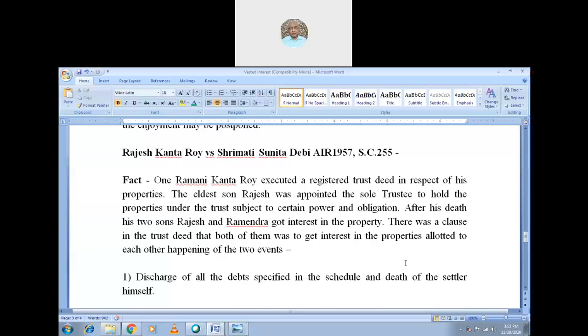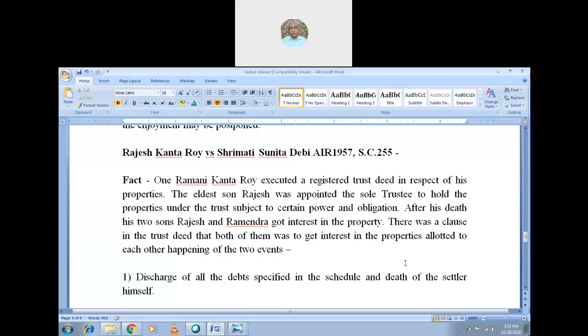With a vested interest, a thing has to happen that is going to happen definitely. On the day it is transferred, the vested interest starts. But a transferee can enjoy the property only after getting possession of it.